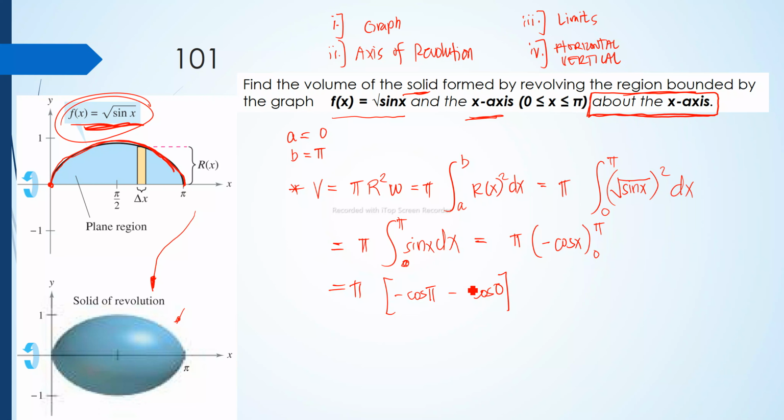This is a negative minus a negative cosine, so that is pi times 1 minus negative 1, or the volume is simply 2 pi cubic units.